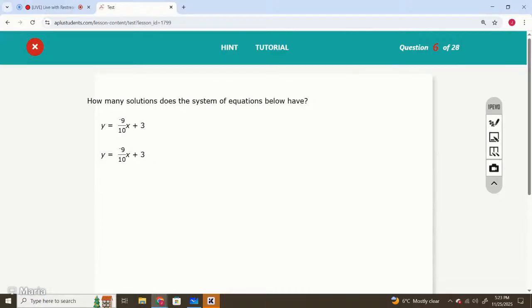They are identical. So they have infinitely many solutions.